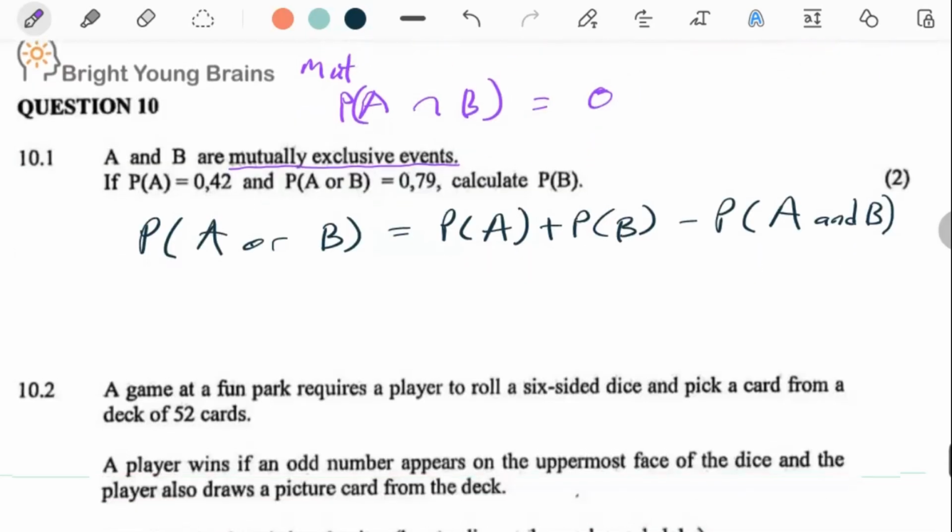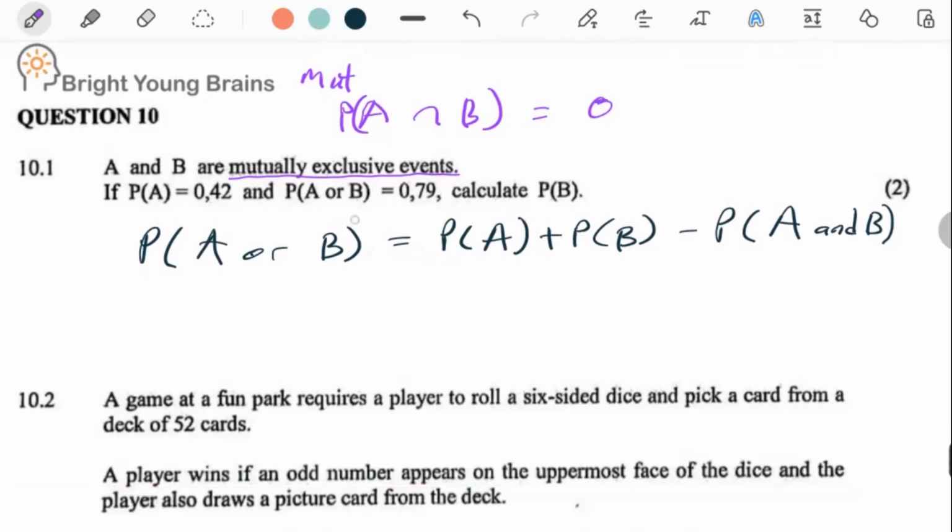So for mutually exclusive events, in this calculation, we're looking for the probability of B. We have been given this value, we have been given this value, and logically, we have this value because we know this value is 0 because these are mutually exclusive events. So to calculate the probability of B, we're going to put a value here, which we have been given, 0.79.